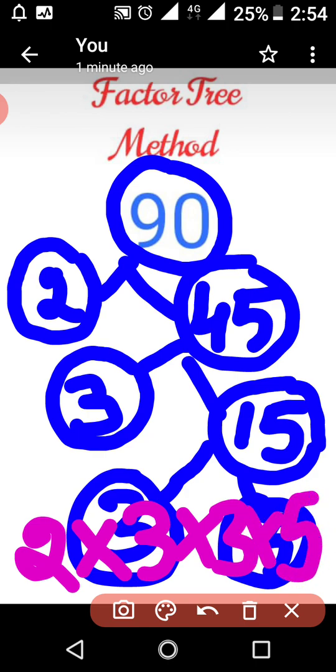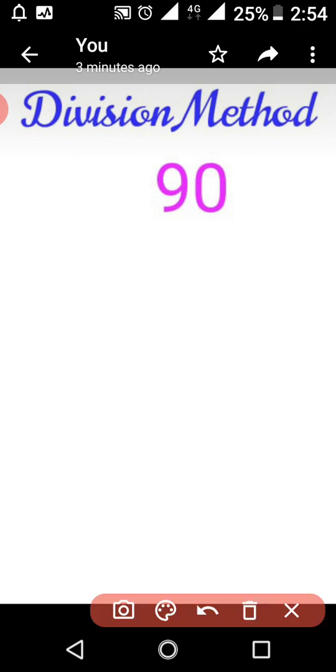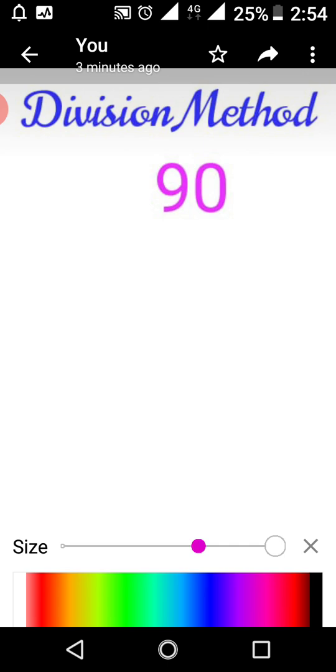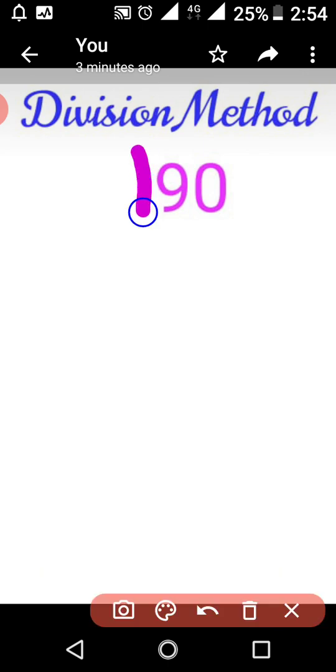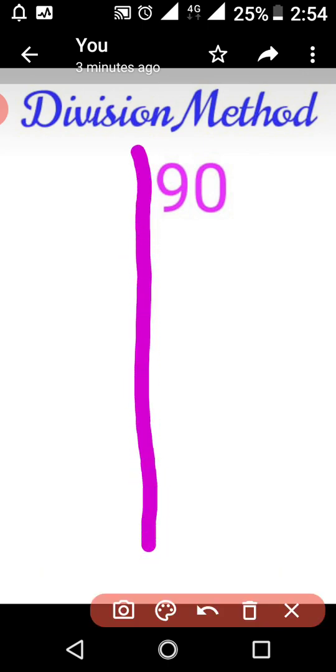Now for the same question I am going to explain by second method also. Second method is division method. Now let us see how to do this question. Draw here one long line, here short line.